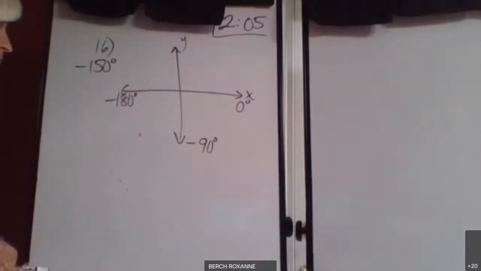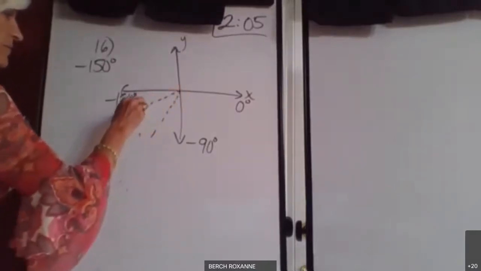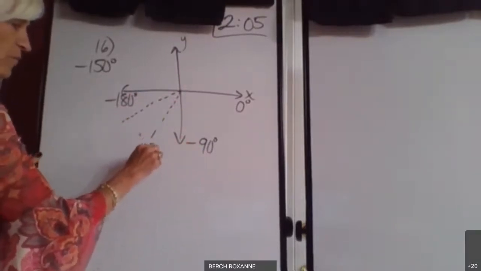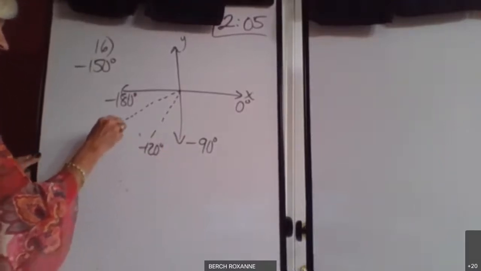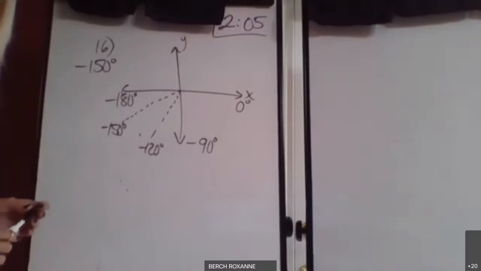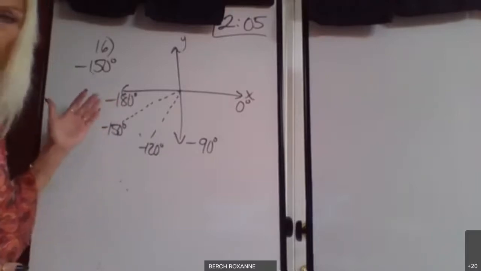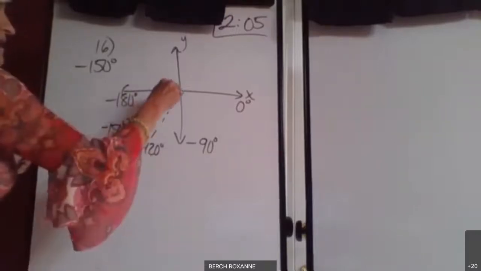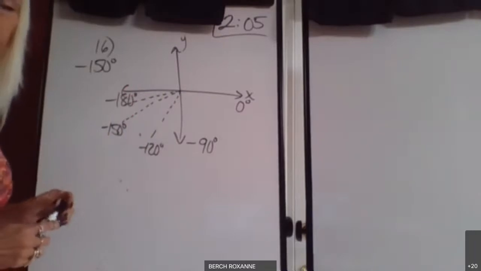So I would probably break this into 3 parts. This would be negative 90, 30 more would be negative 120, and 30 more would be negative 150. If you had to break it down more, you'd divide 30 in half, and that would be 15 degrees. You have to break it down and show me how you're getting it.